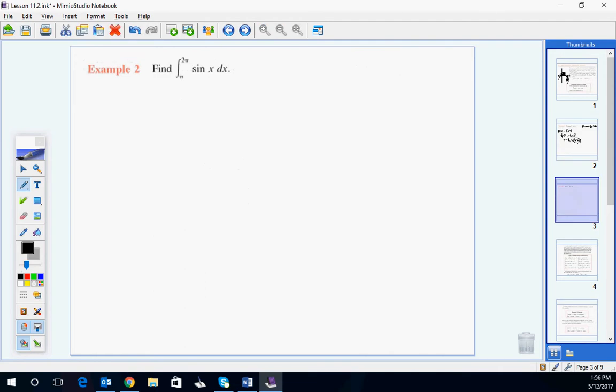Sine. Okay, so first thing I'd do if I was you, what is the antiderivative of sine x? Okay, good. So negative cos x, and now we're going to do it from 2 pi to pi.